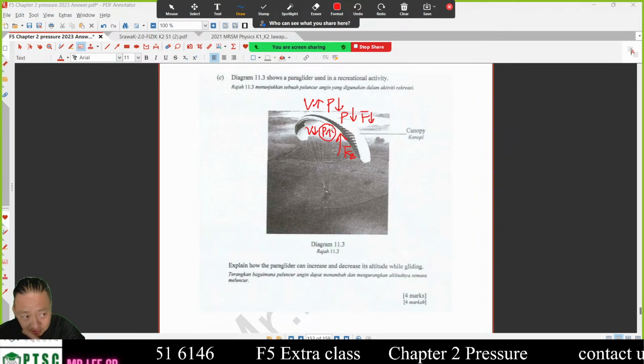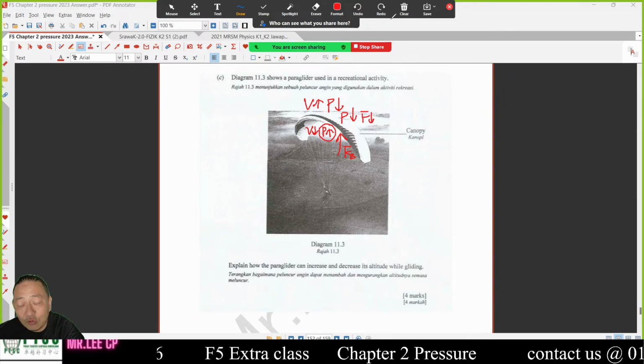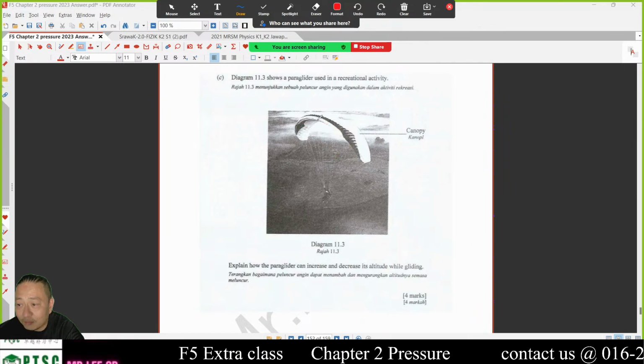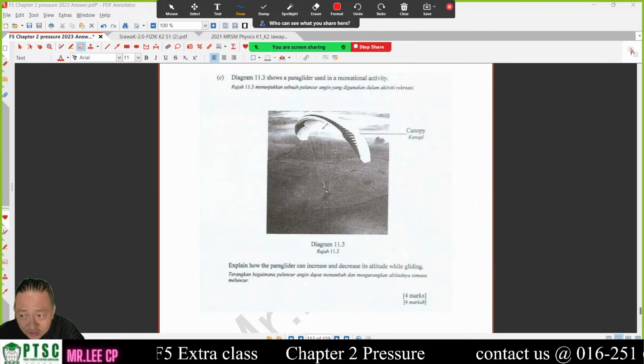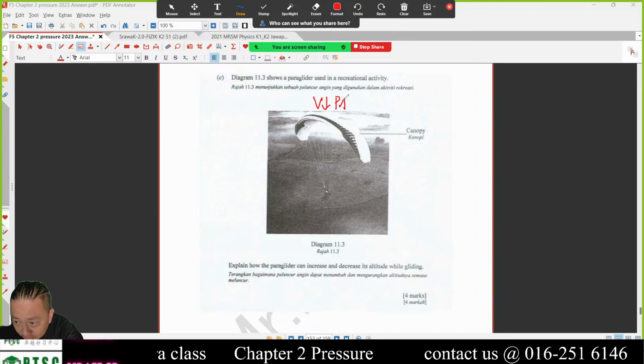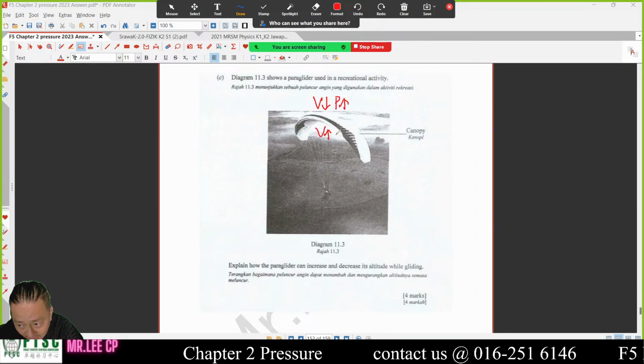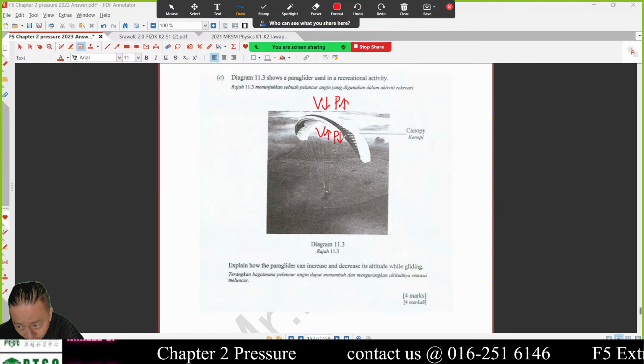Now this is what you have to say. If you want to go down, how? Velocity has to be low, pressure high. Velocity high, pressure low.